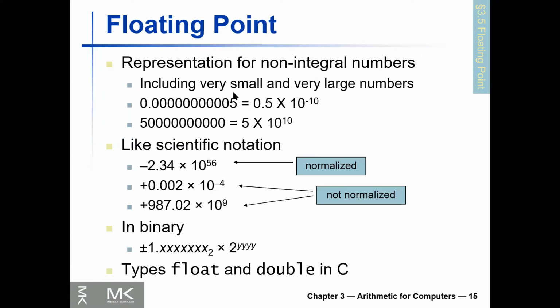But girls, think about very large or very small numbers. Like we have this number which is very small: 0.0000000000 with 10 zeros after the decimal, then 5.